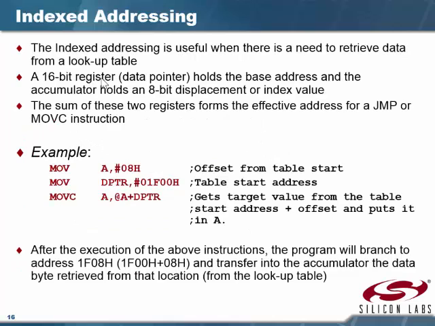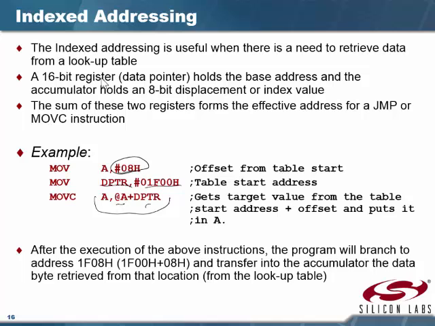Index addressing is probably the most confusing one, and this one requires that you use the accumulator normally. We load A with the offset 8. We load the data pointer with the start of our lookup table, and then we say move into A whatever is pointed to by the contents of A plus the data pointer.